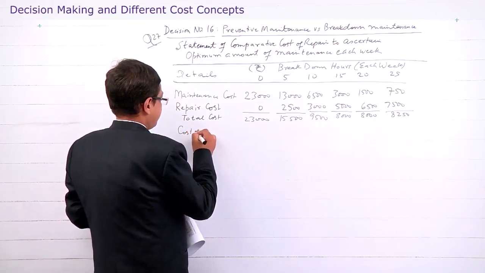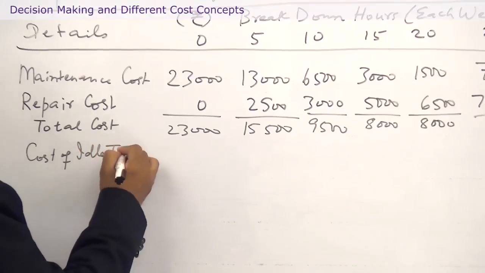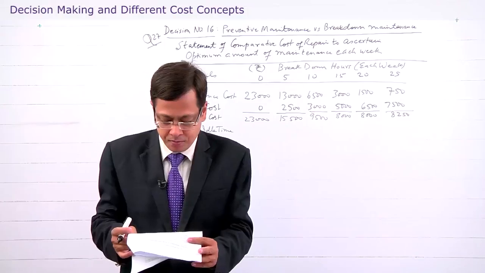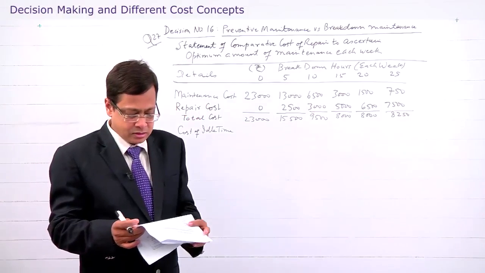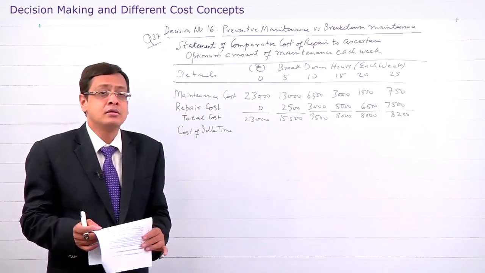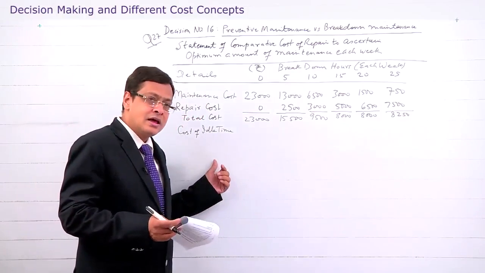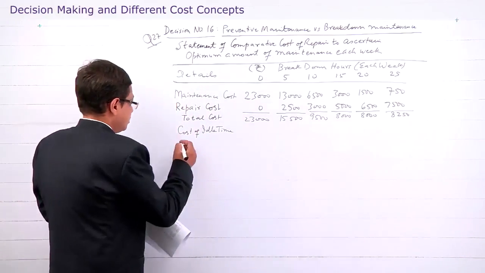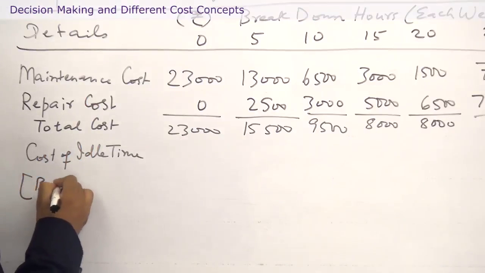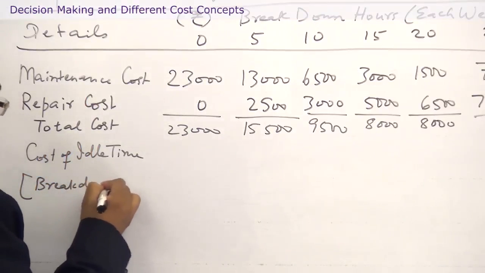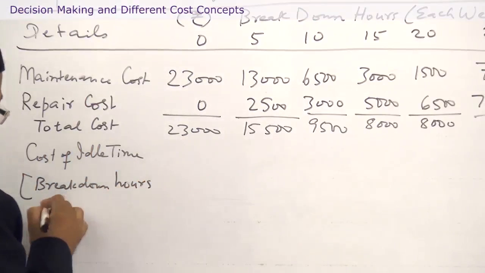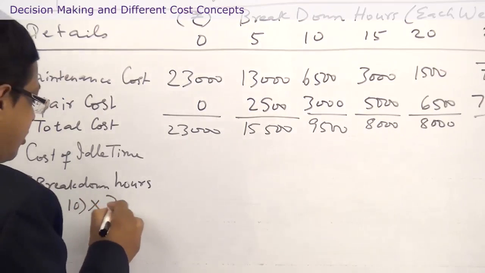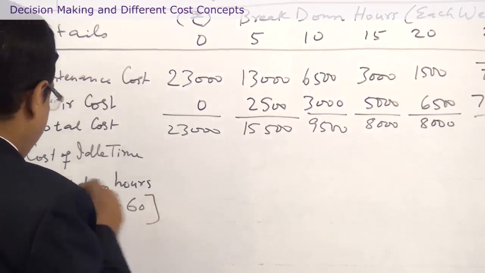Now cost of idle time. The question says process labor during stoppage can be used elsewhere up to 10 hours per week. So anything more than 10 hours will have a cost. So breakdown hours minus 10 multiplied at the rate of rupees 60.